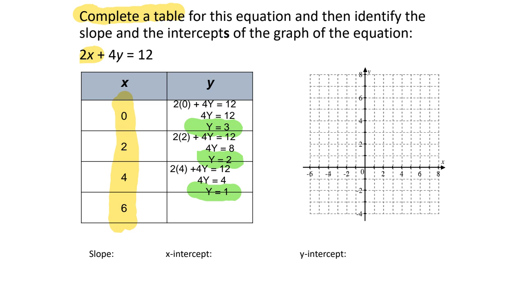Now, this is going to give me 2 times 6 plus 4y equals 12. Now, this will give me 4y equals 0, or when I divide by 4, y equals 0.